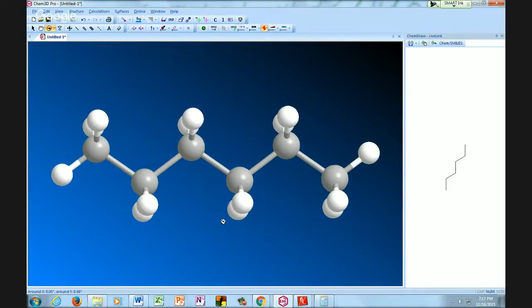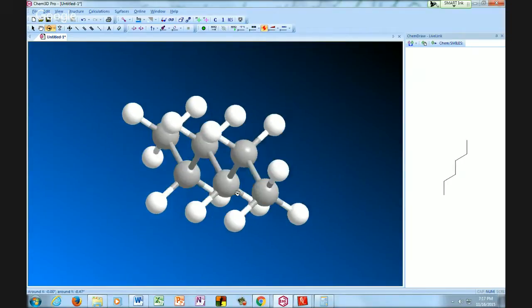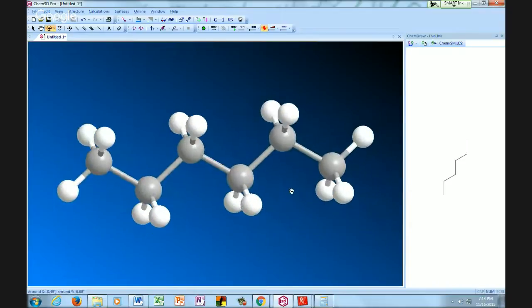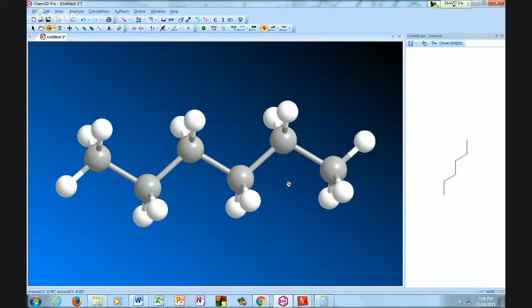In other words, if we have a compound that's a line of carbon atoms, it's not really a straight line. It's actually a zigzag because of that bond angle that these things take. Because of that 3-dimensional geometry, that chain of carbon atoms is really going to be a zigzag chain and not a straight chain.